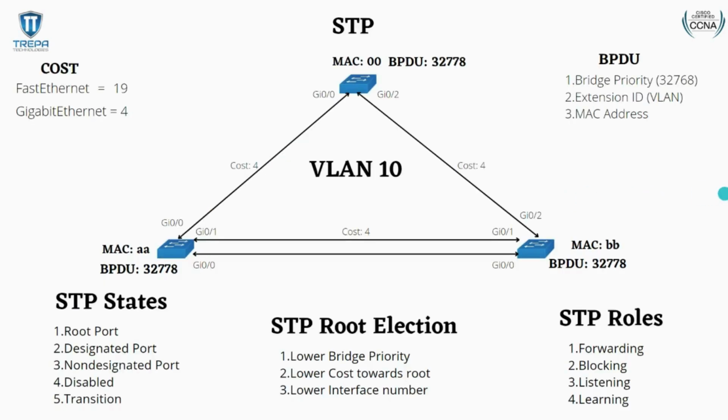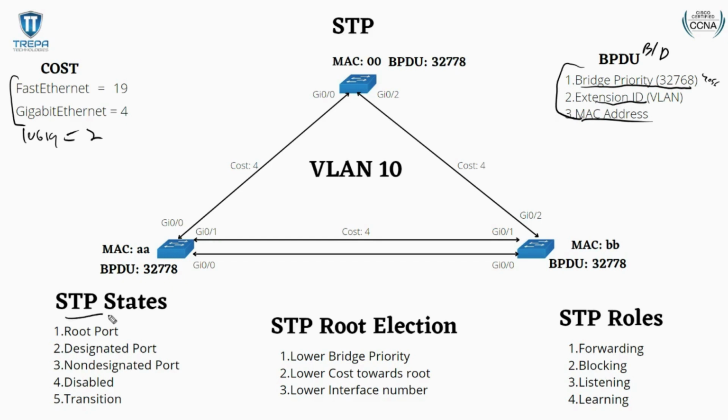Okay, so our last little chart here just kind of breaks everything down for you, right? The cost right here that you're generally going to see, with 10 gigabit being 2. The BPDU, this is the bridge ID breakdown, with the bridge priority being the default 32,768 in increments of 4,096, the extension ID, which is the VLAN number, then the MAC address.